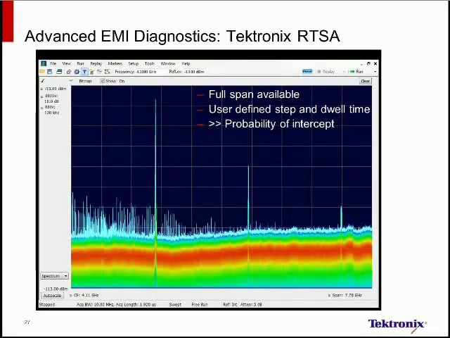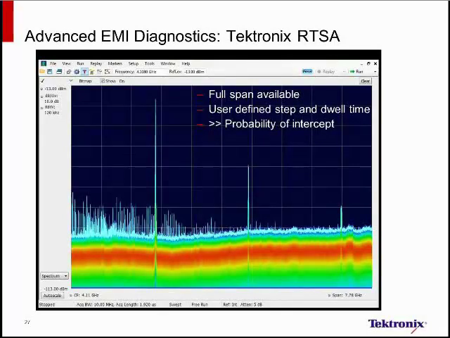From an EMI diagnostics perspective, where this really makes a difference is in transient or bursted signals. If I know I have a fundamental that is bursted and I'm trying to figure out what the second harmonic content was, in the past I would have to rely on gated sweeping to make sure that my spectrum analyzer was sweeping at the same time my source was actually on. In a Tektronix RTSA, I can not only define the step size and the start frequency and the stop frequency, I can specify a dwell time as well.